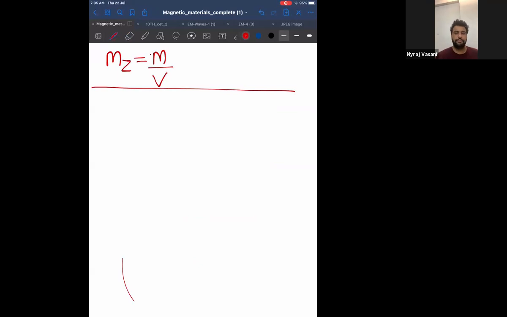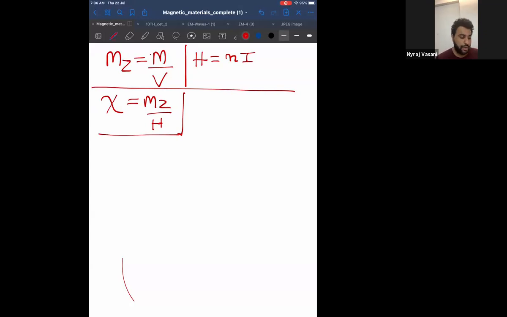Next, which formula have we done? We have done H equal to Ni. What is H? Magnetic field intensity equal to Ni. Then we have done susceptibility. What is the susceptibility formula? Mz by H. Everyone should know this formula by heart by now.